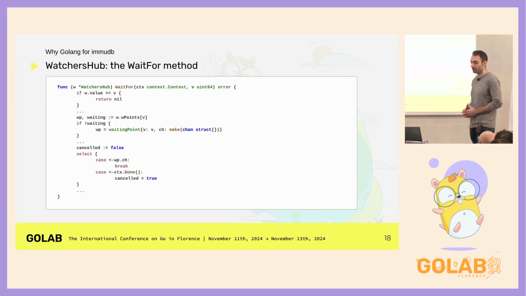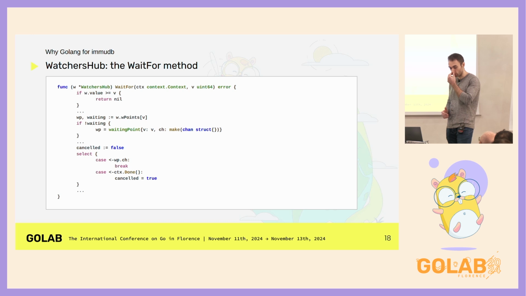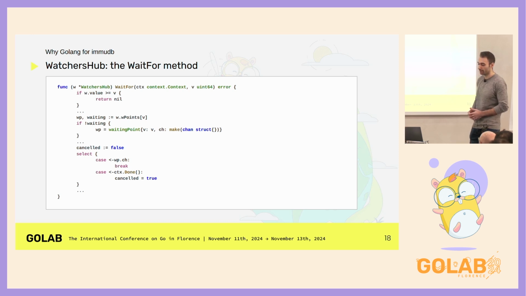And what we do in the WaitFor method is that firstly we check whether the value is already greater than or equal to the one we're trying to wait for. If so, we immediately exit. Otherwise, we retrieve the wait point object associated with the value. We initialize it if it was not.